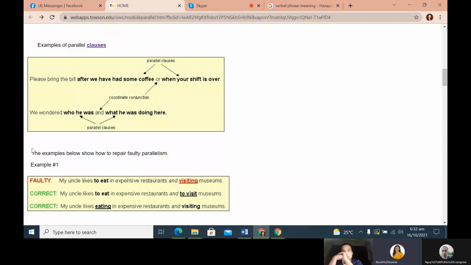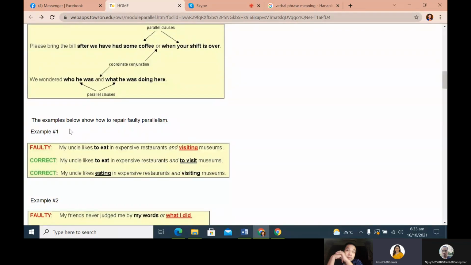We are using the WH. Okay, who and what. These are used in asking questions, the WH questions. Now look at this one. The examples below show how to repair, how to correct faulty parallelism.